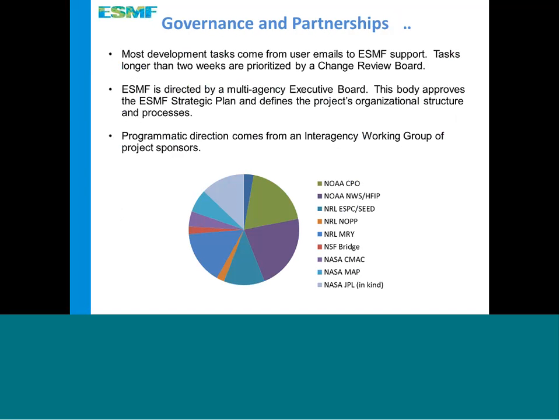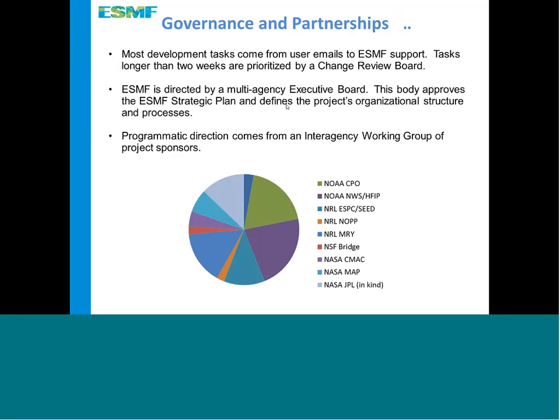So a word about governance and partnerships. Most development tasks come from user emails to ESMF support, and tasks that are longer than 2 weeks are prioritized by a change review board. So we get a bunch of representatives from our main user groups together and go through a formal prioritization process.